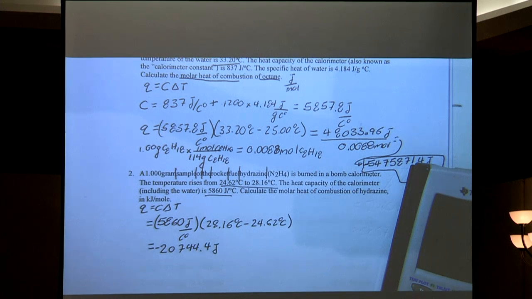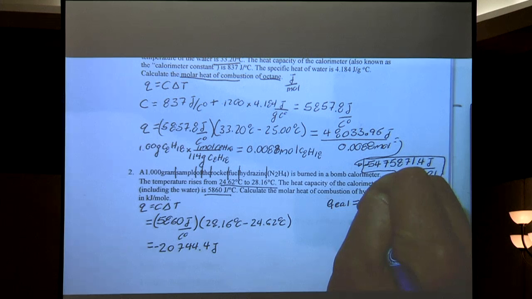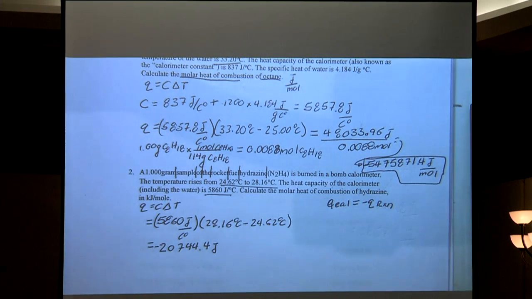I went ahead and swapped the sign here because we're looking for the Q for the reaction. Remember, the Q for the calorimeter, Q cal, equals the negative Q of the reaction. Going back to the coffee cup problem, Q for the calorimeter equals the negative Q of the reaction, so I put a negative here so I don't forget it later.